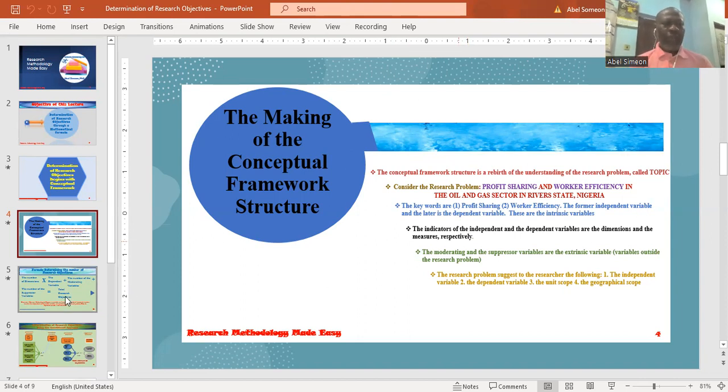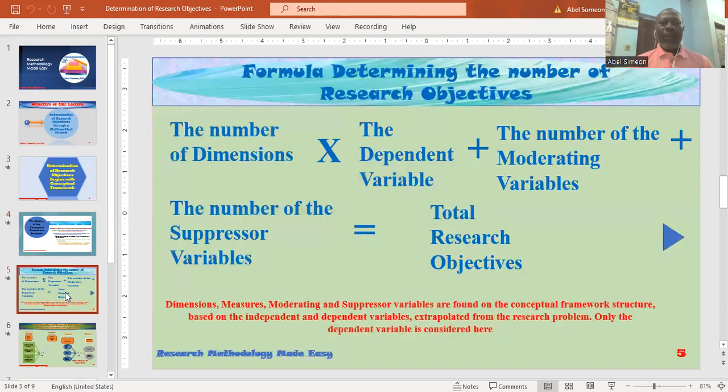So having given you the idea of what the conceptual framework is, I want to tell you now, go straight to the point of the formula. The formula of arriving at the research objectives: One, look for the dimensions of the independent variable.